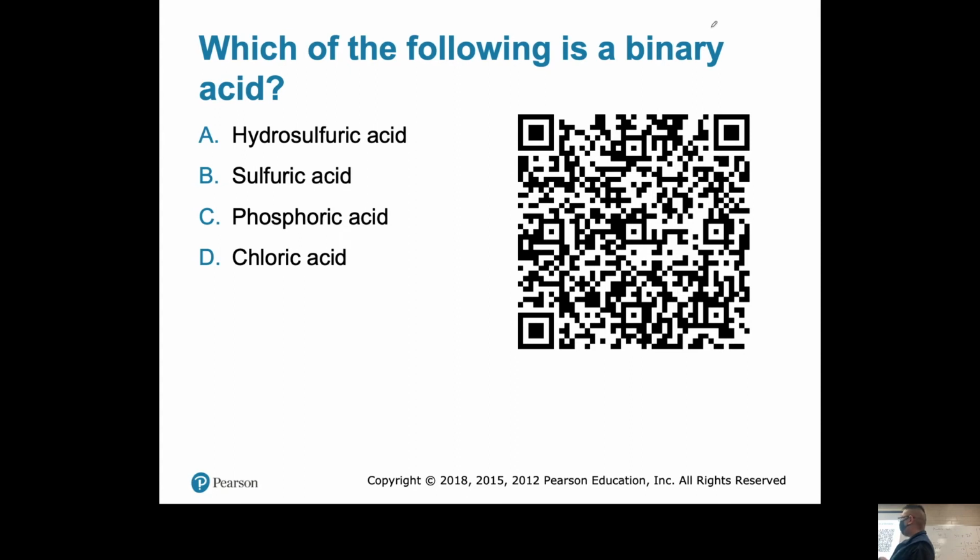Sulfuric acid is H2SO4, phosphoric acid is H3PO4, and chloric acid is HClO3. So the correct answer is A, which of the following is a binary acid. I apologize again for that.